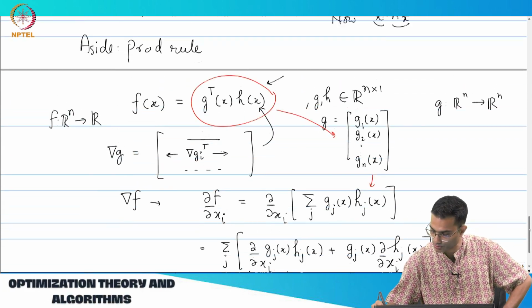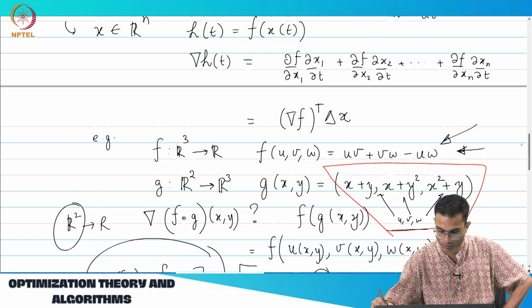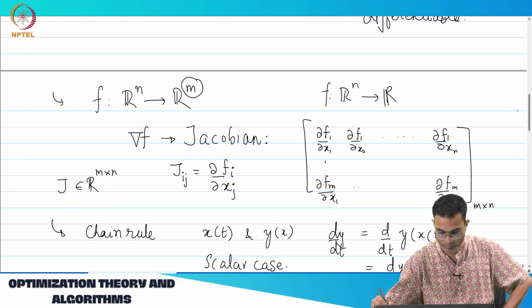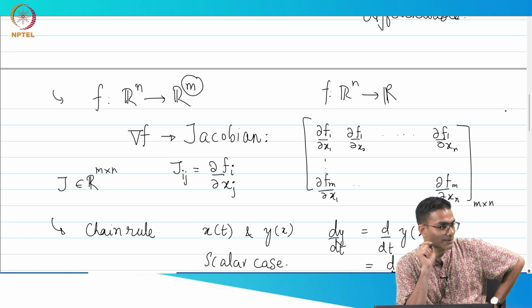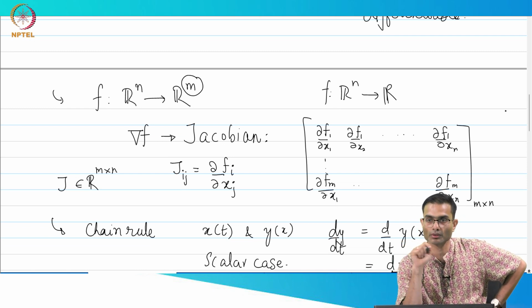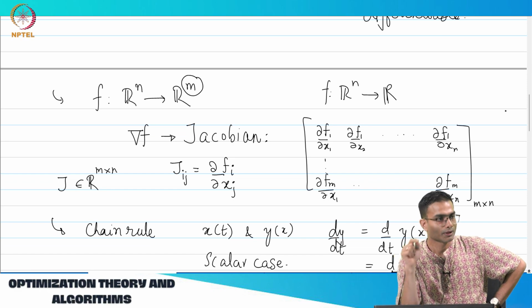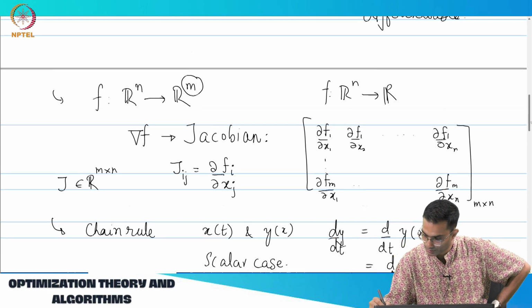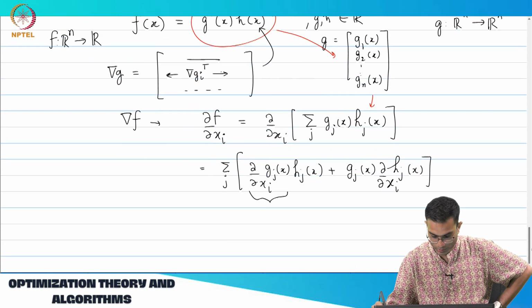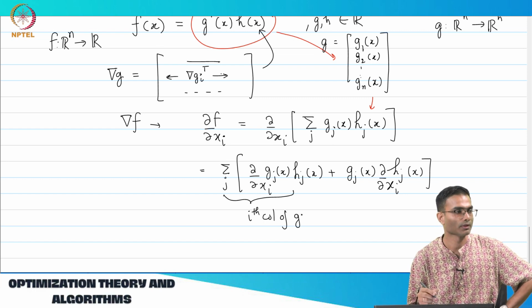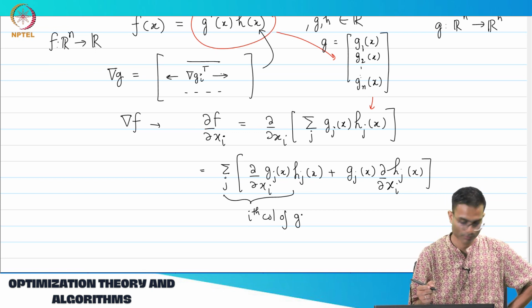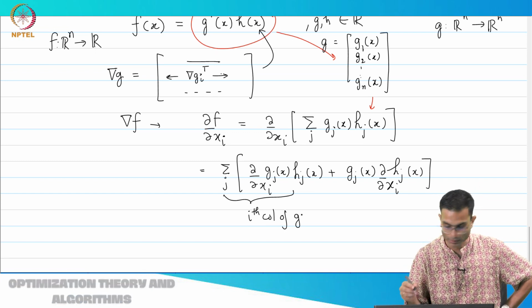So let's look back once again at the definition of the Jacobian. If I keep xi constant, am I talking about a row or a column? I'm talking about a column. So this, including the summation, is basically the ith column of grad G, which is getting multiplied by the entire H vector.